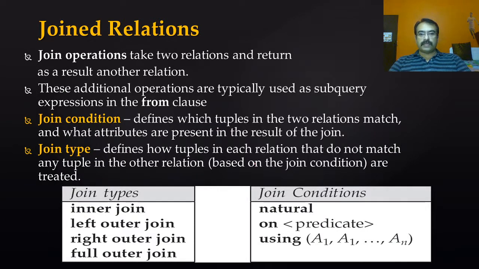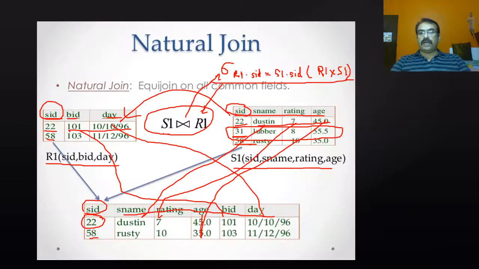In this case, the join type defines how the tuples in each relation that do not match any tuple in the other relation are treated. That we are going to see in more examples. Right now here, they are neglected. In natural join, the leftovers are not appearing.